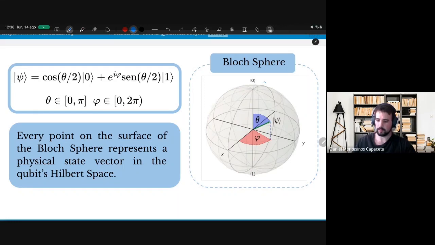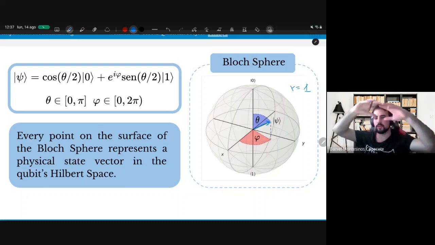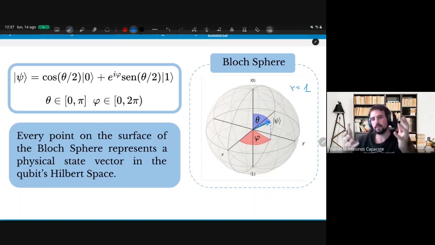If you have your sphere, the radius will be one. I'm not that good at drawing. And if you are familiar with spherical coordinates, this might be easier to understand. If not, I will try to detail it a little. You have the radius equal to one, so any vector on the surface of the sphere is going to have norm equal to one, right?